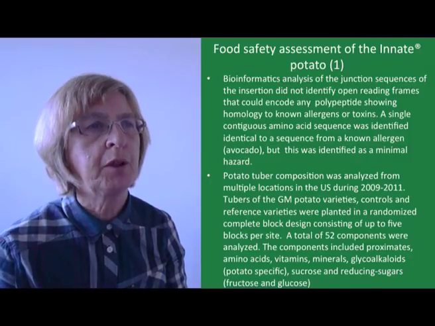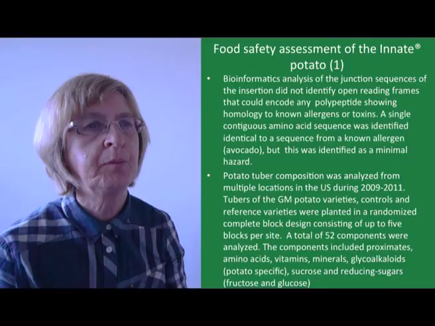Then, potato tuber composition was analyzed from multiple locations in the United States during the years 2009 to 2011. Tubers of the GM potato varieties, controls, and reference varieties were planted in a randomized complete block design consisting of up to 5 blocks per site. A total of 52 components were analyzed according to the OECD recommendations for potato.